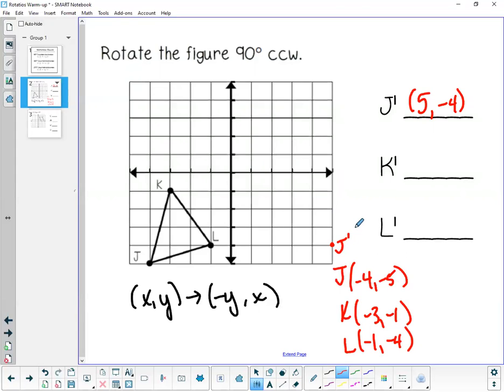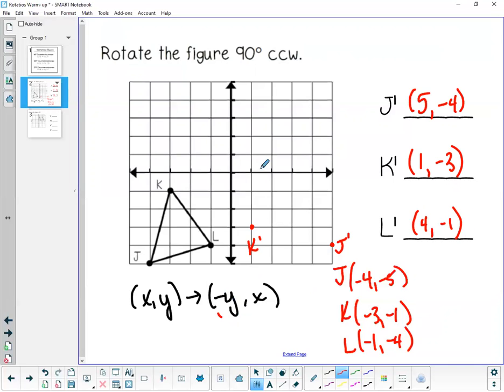I'm just plotting them to give us a visual. K now is at (negative 3, negative 1). If I apply my rule, I need the opposite of y, so it's going to be a positive 1, and then keep my x, so negative 3. So (1, negative 3) is going to be K prime. And then L, right now it's at (negative 1, negative 4). Apply my rule: the opposite of y is now a positive 4, and my x is going to be negative 1.